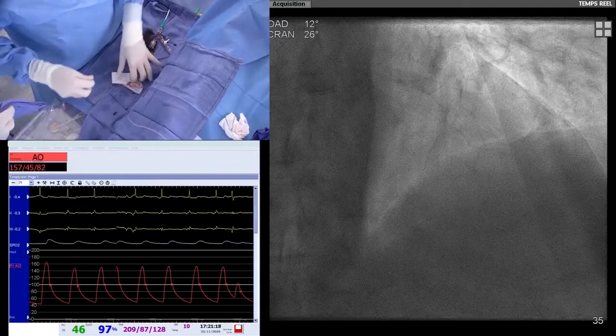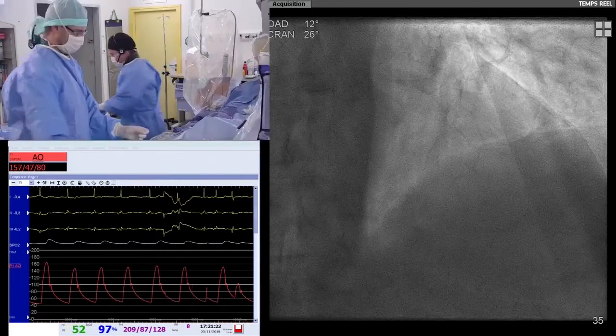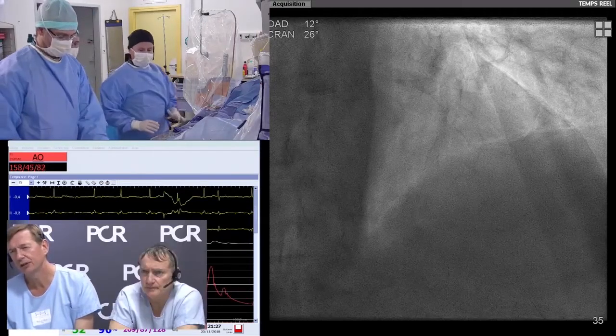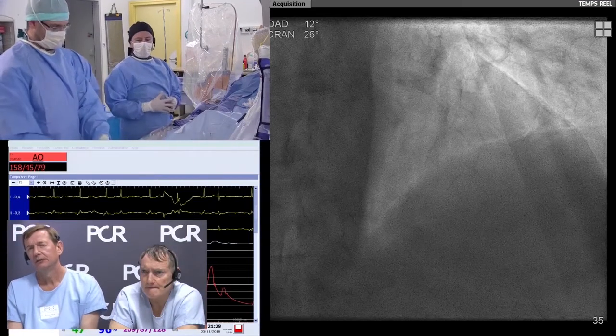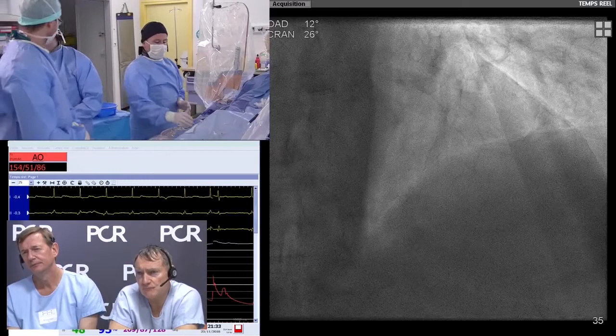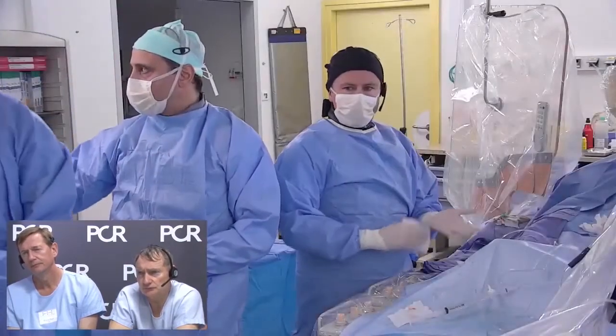Nicolas, we've had a comment about exchanging the wire using a microcatheter or over-the-wire balloon. This is a very good option. I use this in case of a long subocclusive lesion or in case of CTO.